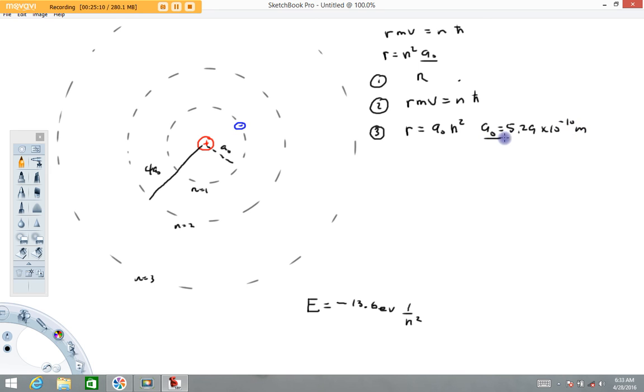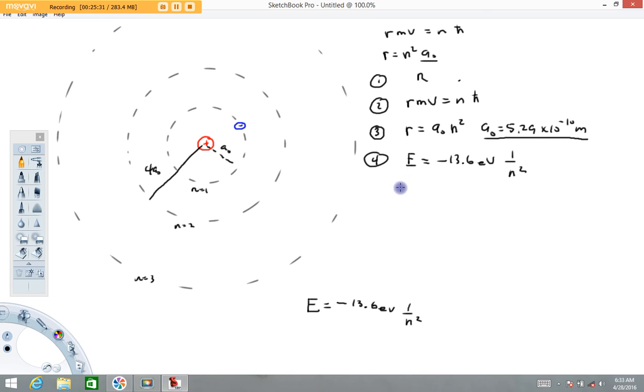This is true for hydrogen only. Number 4: the allowed energies of each orbital state are minus 13.6 eVs times 1 over n squared.